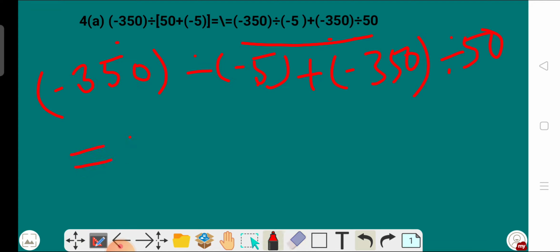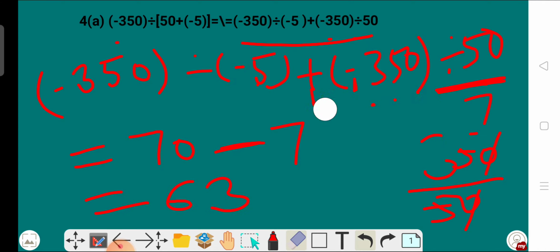This plus and this minus will become minus, and when you divide 350 by 50, the 0 cancels the 0 and 5 times 7 is 35, so this part becomes 7. So this is equal to 70 minus 7, and that is 63.